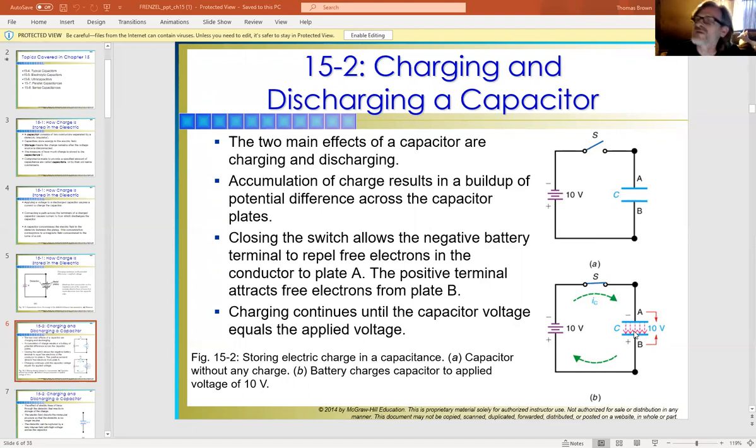And depending on the rating of it, basically how much dielectric is in there, is how long it would take to store, because it's not instantaneous. Depending on the size of the capacitor, it could be a very small amount of time until it reaches its charge potential, or it could be a longer amount of time.